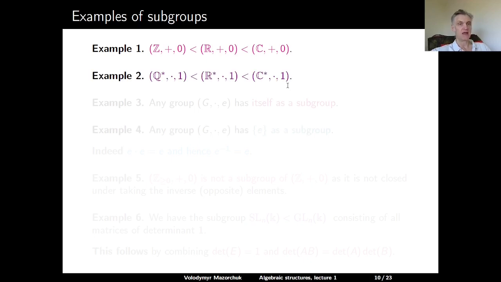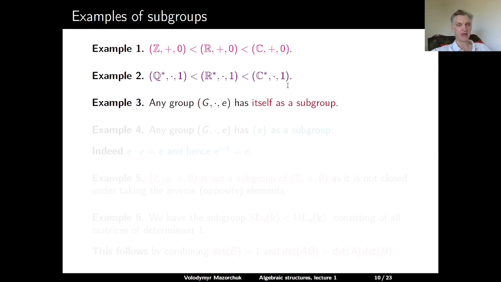Example 2. The multiplicative group of all non-zero rational numbers is a subgroup in the multiplicative group of all non-zero real numbers, and that, in turn, is a subgroup in the multiplicative group of all non-zero complex numbers.